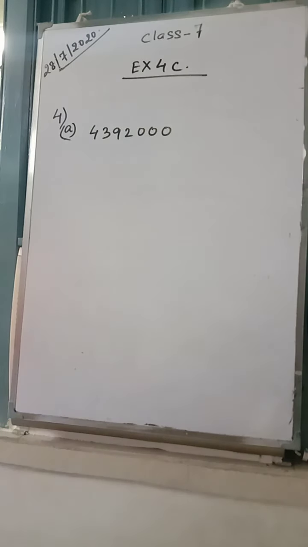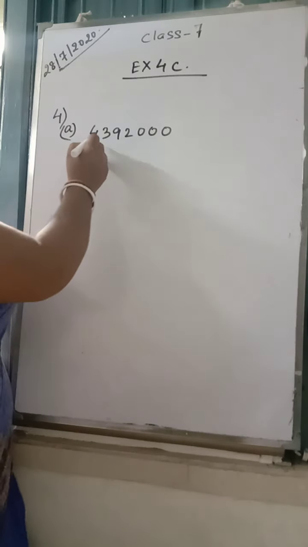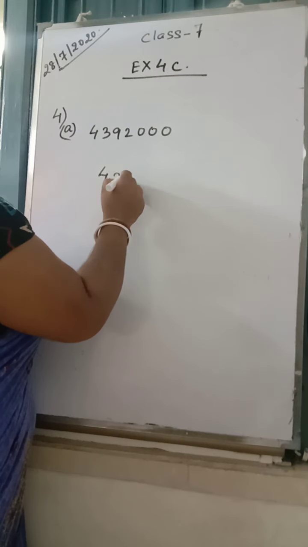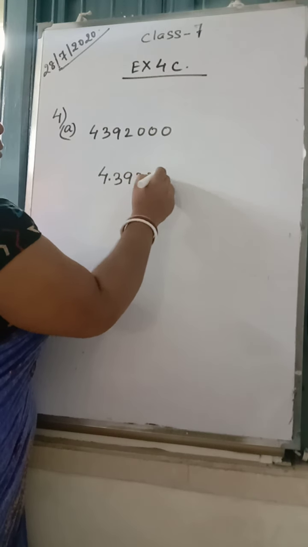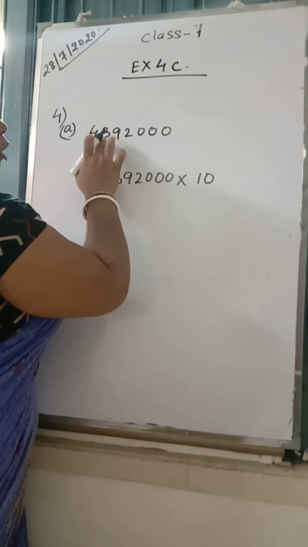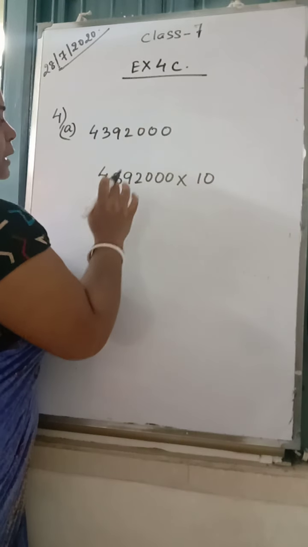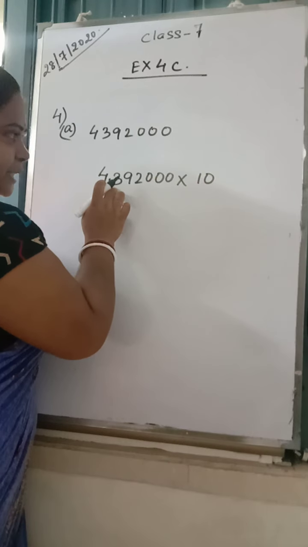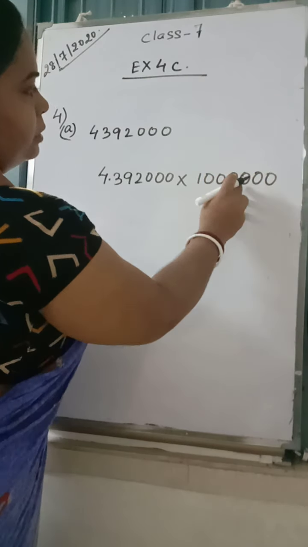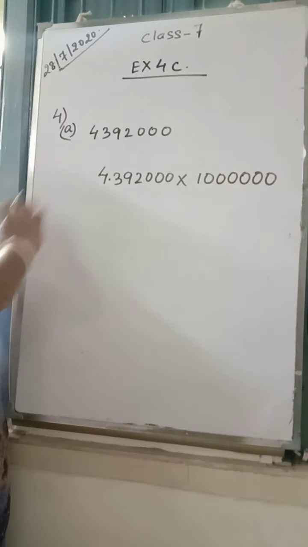How to make it between 1 and 10? We have to place the decimal after 4, or I can write it 4.392 triple zero into. Now I have placed the decimal after 6 digits, so this will be 1 then 6 zeros.